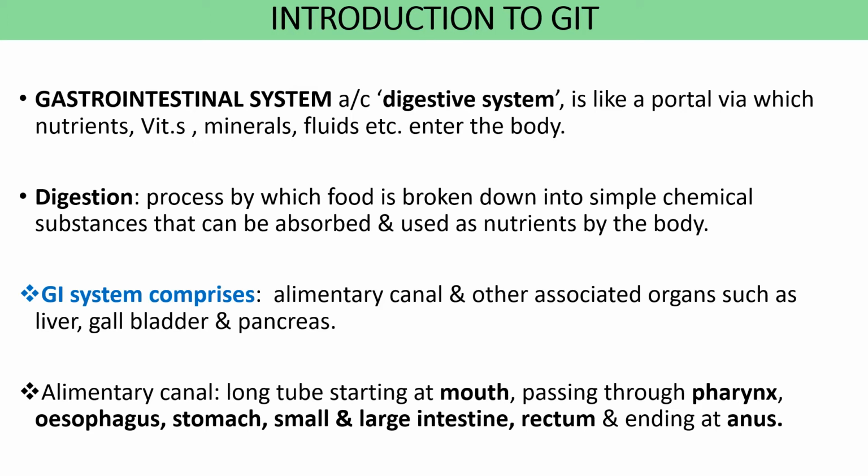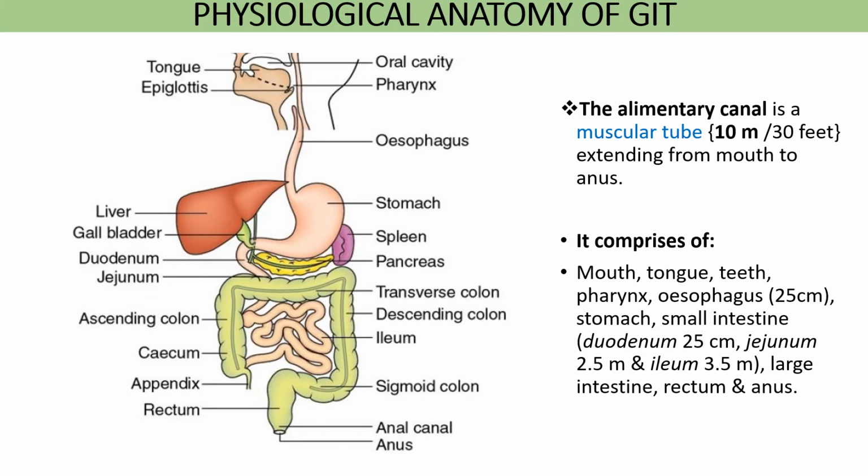Gastrointestinal system comprises majorly the alimentary canal that starts from the esophagus and ends at the anus, and other associated organs such as the salivary glands, the tongue, the liver, the gallbladder and the pancreas. The alimentary canal is a hollow muscular tube measuring around 10 meters or 30 feet that extends from the mouth to the anus.